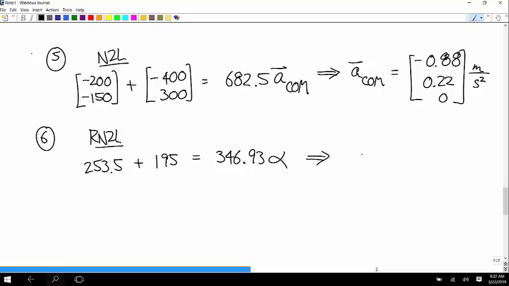So what do you get for alpha? 1.3, positive. And so if we're writing this as a vector, this is 0, 0, 1.3 radians per second squared.